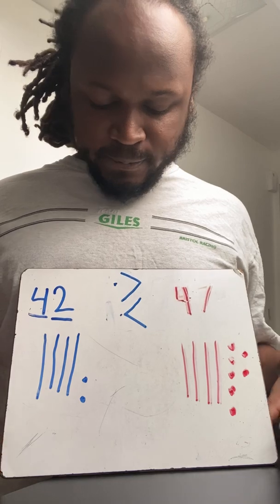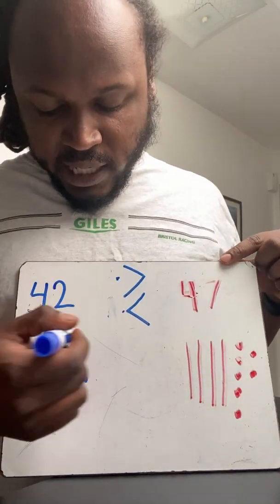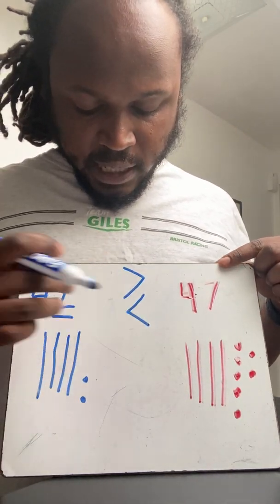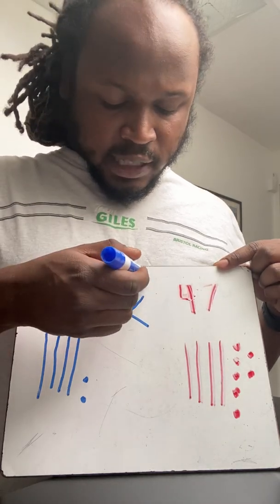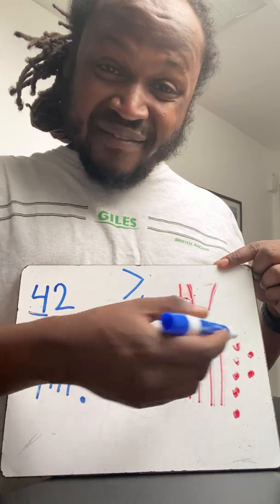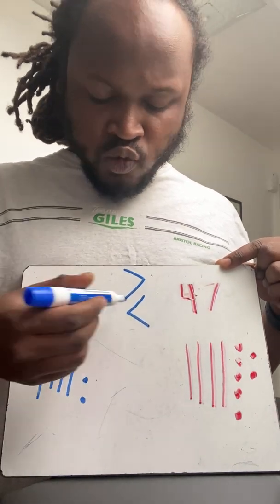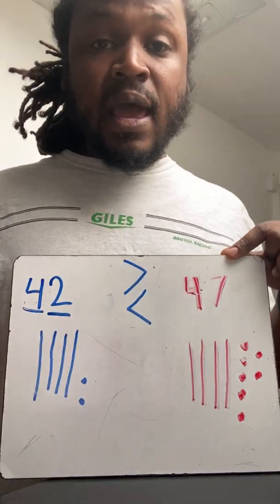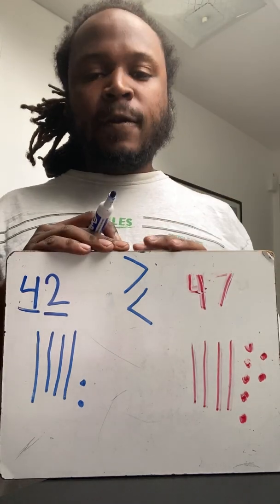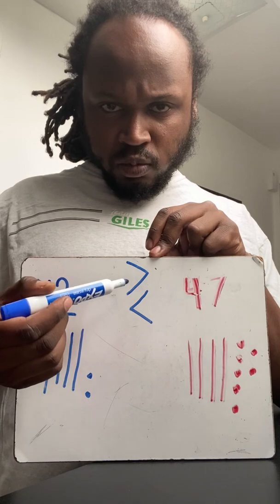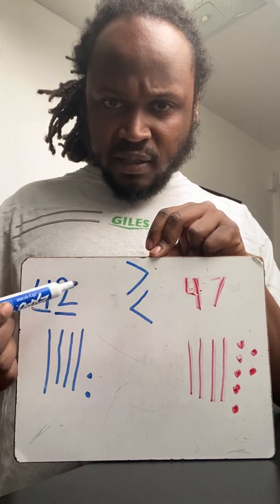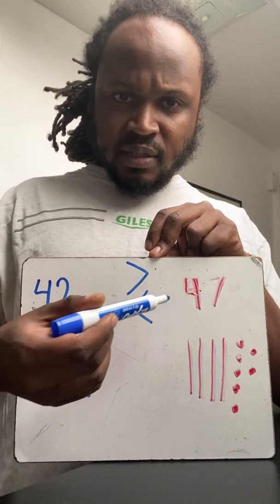47, exactly, right? So to read this expression, would it make sense to say 42 is greater than 47? Or is it 42 is less than 47? And remember, if you're having trouble reading the expression, if you're an alligator, which one would you want to eat? Would you want this mouth to eat this one? Or do you want this mouth to eat this one?